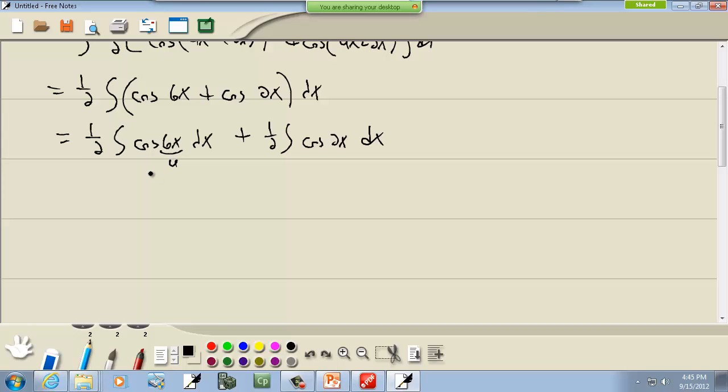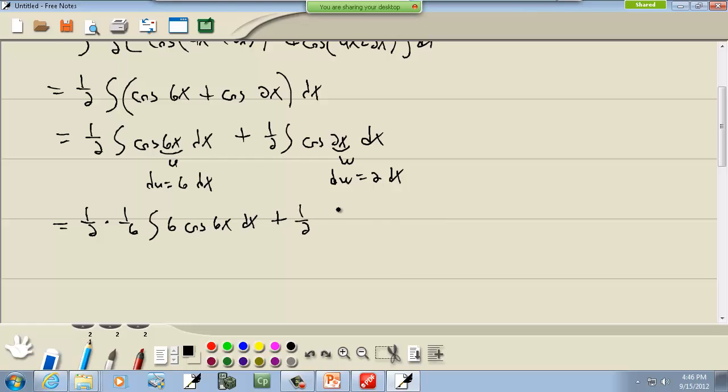Let this be u, so du would equal 6 dx. Let this be w, so dw would equal 2 dx. So we need a 6 inside this one, we need a 2 inside this one, so we'll offset it with the numbers out in front. So we've got 1/2 times 1/6, and then 6 cosine 6x dx.